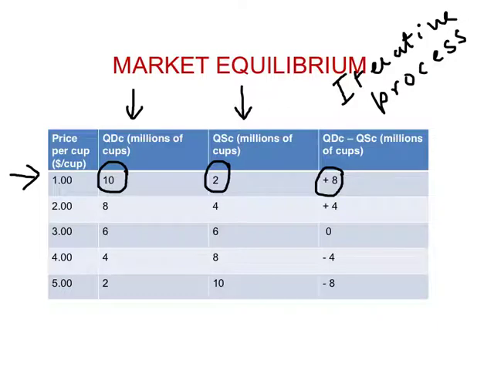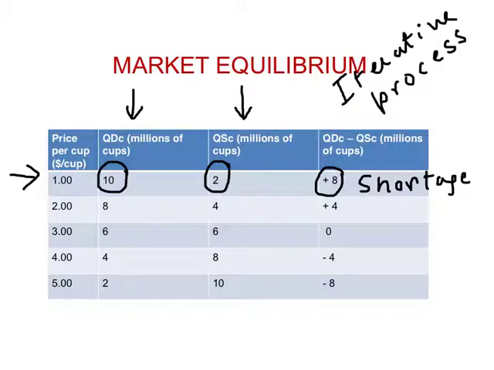By how much, that may not be important, but then the demand was greater than supply, and that's what we find here. Now, when demand is greater than supply, we call this a situation of shortage. So at a price of $1, this is what different retail outlets tell the headquarters of Starbucks, that there was a shortage of coffee.